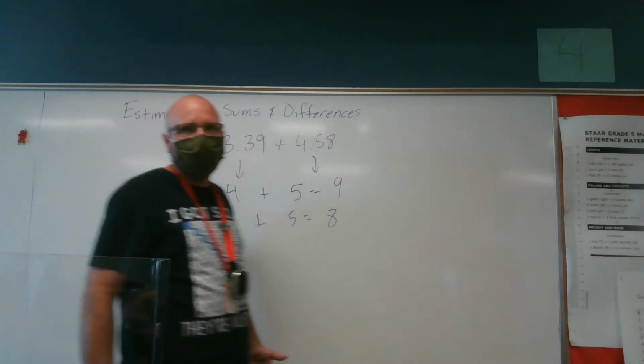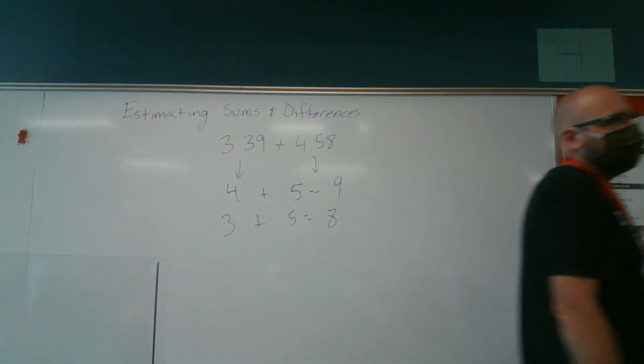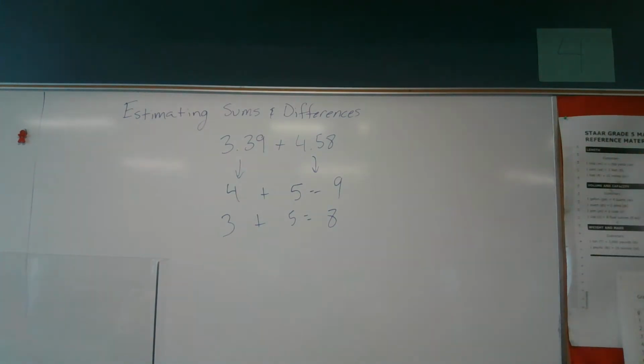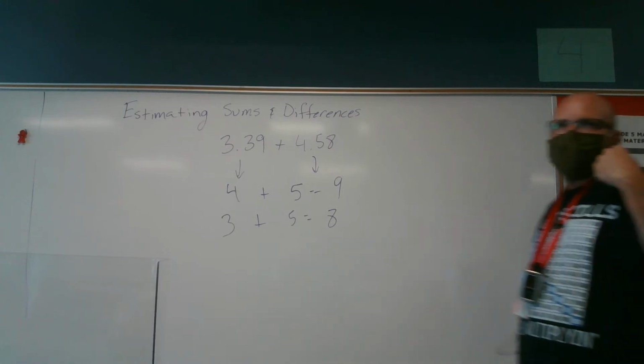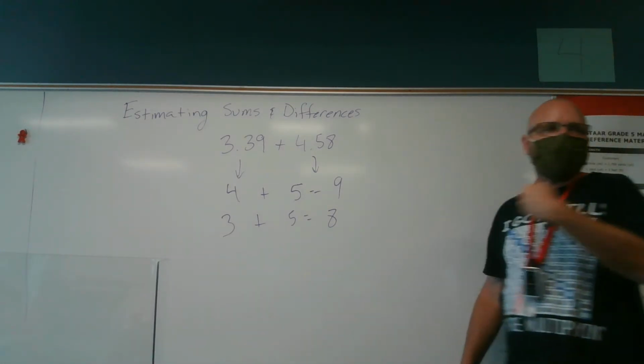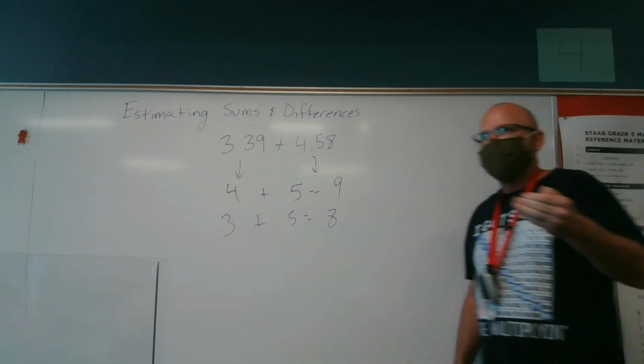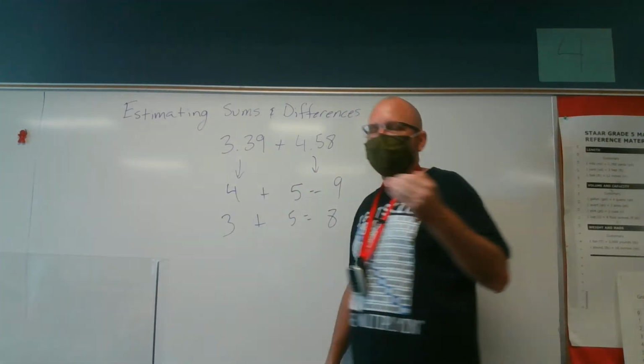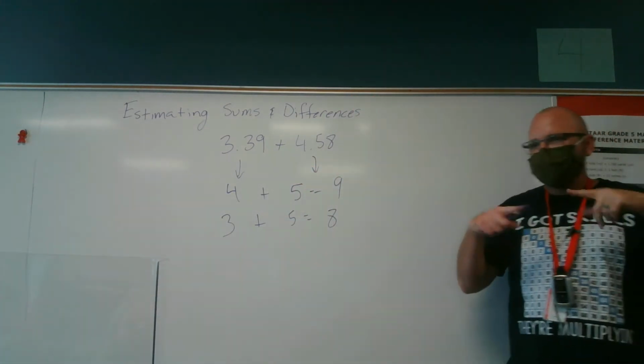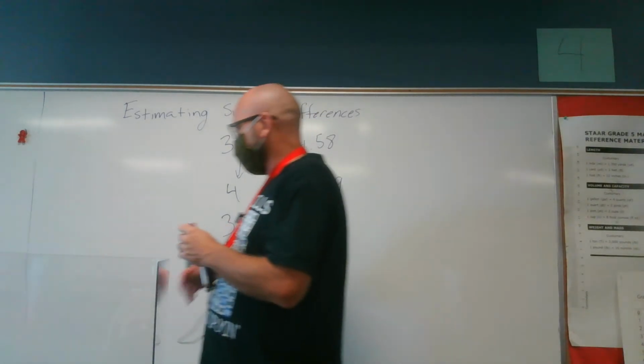That's the whole point of it. You estimate before you do the problem to give you an idea of how much the answer will be, the sum, the difference, the product, the quotient. So you're trying to figure out an idea somewhere close where the answer would be.